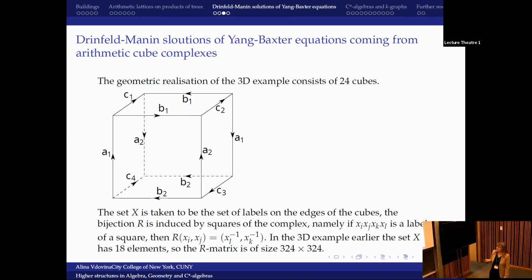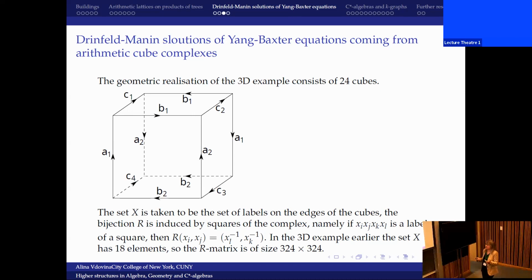In the example I showed before, we had 9 different letters: a1, a2, a3, b1, b2, b3, and c1, c2, c3. But in the set X we have 18 because there are inverses as well. So your matrix is going to be 324 by 324.